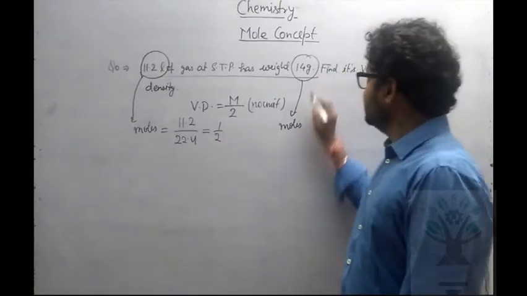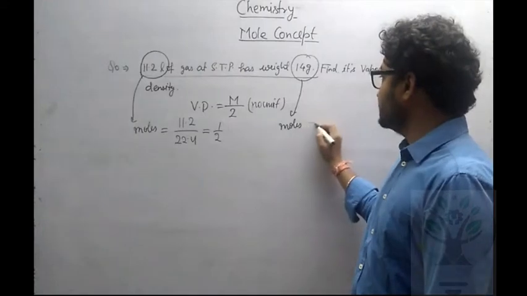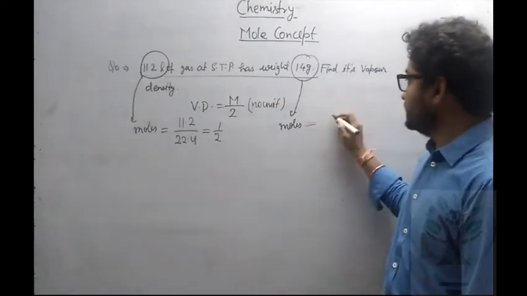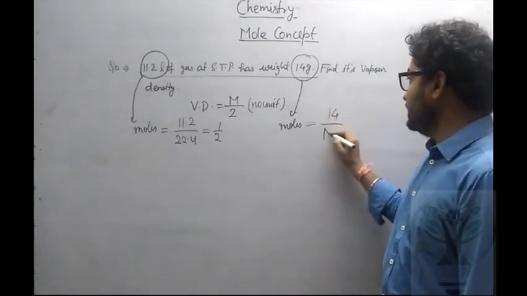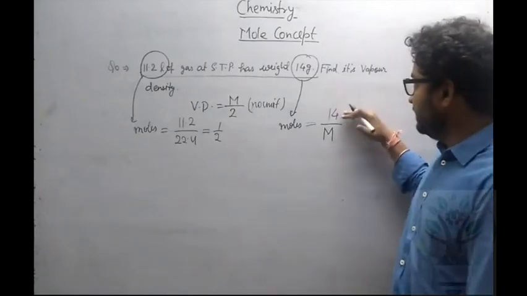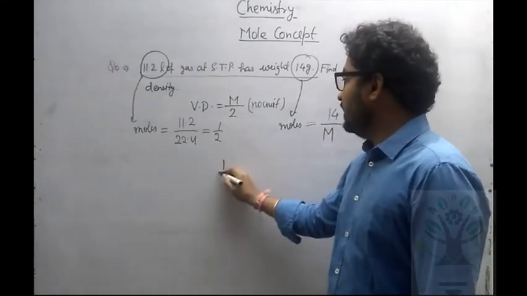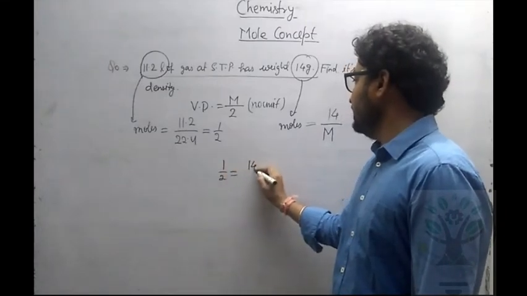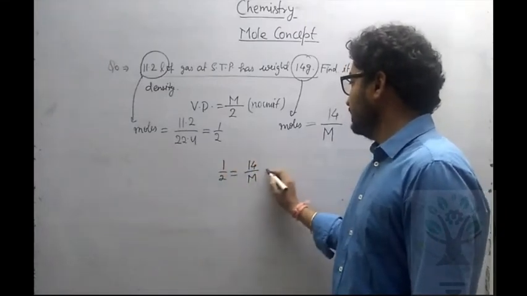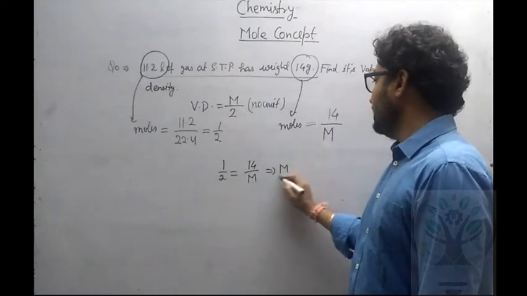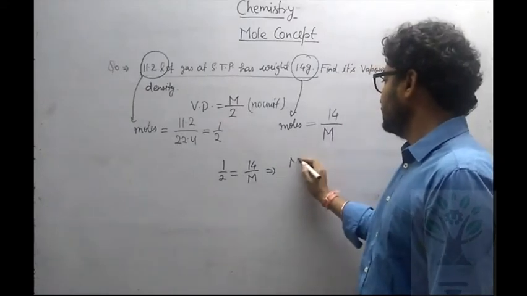Now let's find the moles from the weight side. Moles will be equal to given weight divided by molecular mass, which is 14 divided by M. Now half should be equal to 14 divided by M.